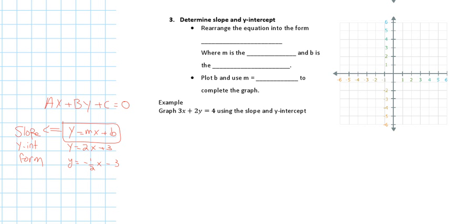Okay. So, first of all, if the equation is not already in slope y-intercept form, you're going to have to rearrange that equation so it looks like this, where m is the slope and b is the y-intercept.